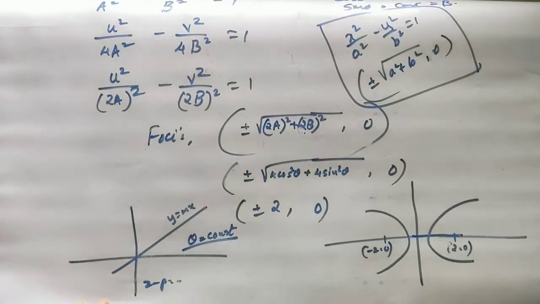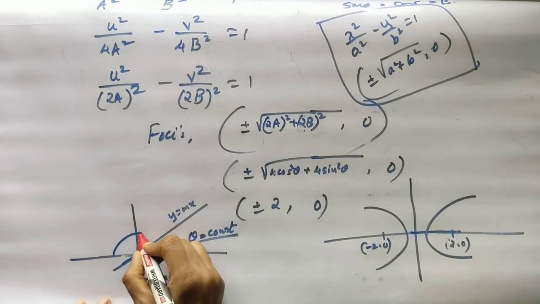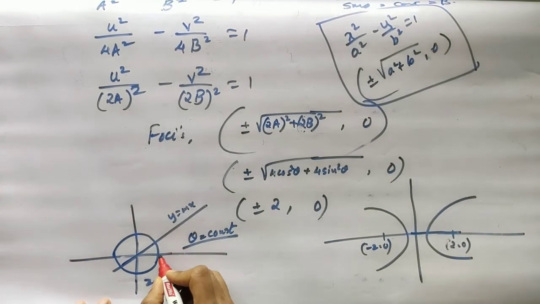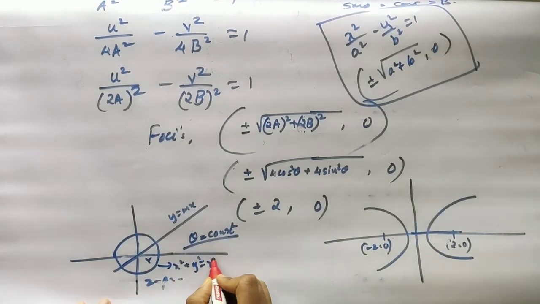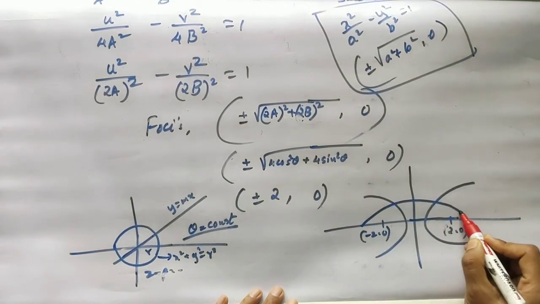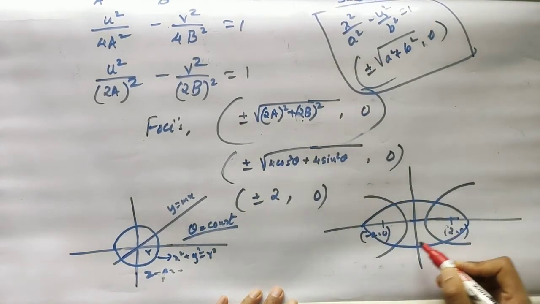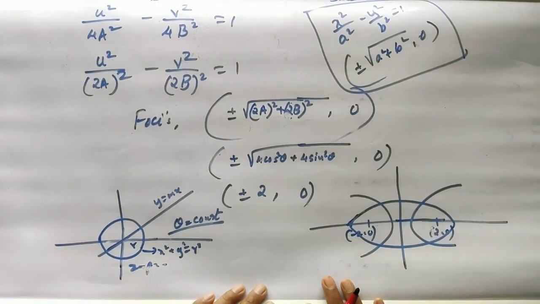And one more interesting point, I'll continue it here only, because in my previous case we got a circle of the z plane. This was a circle, x square plus y square is equal to r square in the z plane, that was mapped to an ellipse like this. Now the ellipse and hyperbola, they are having the same foci, right?